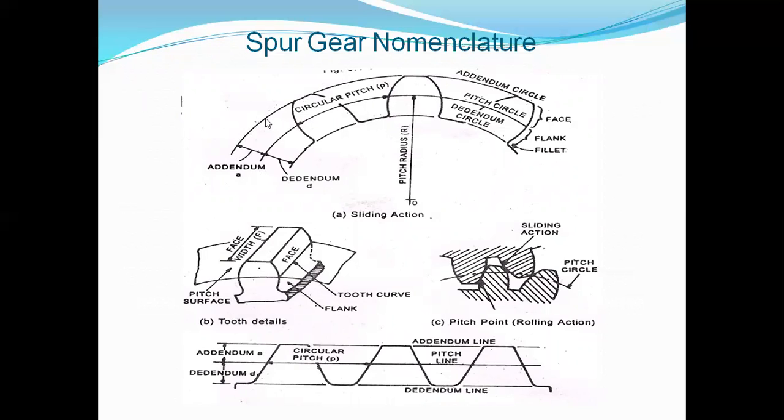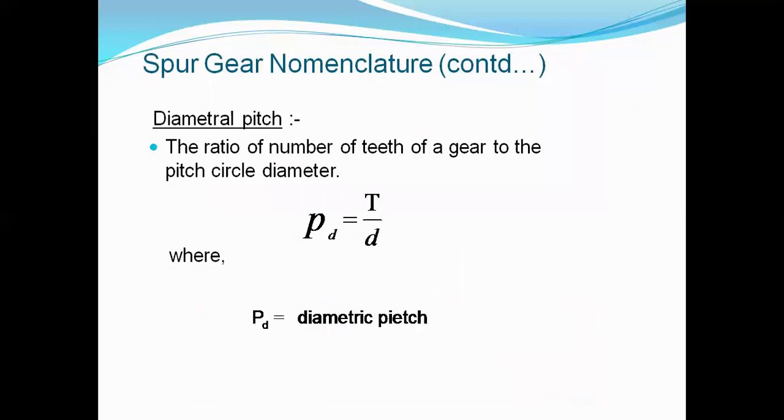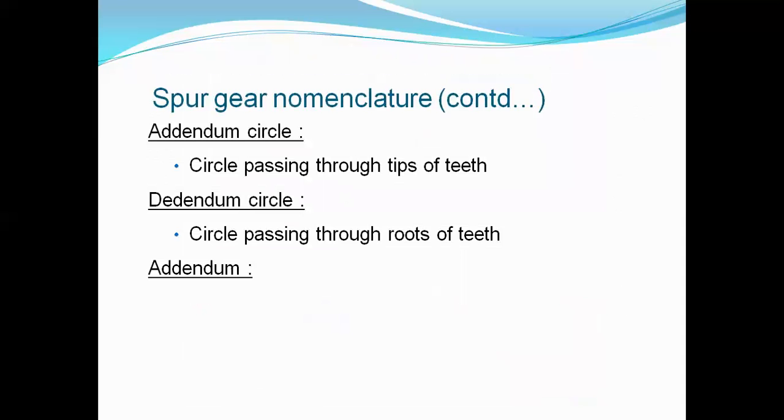The circle passing through the tips of teeth is called the addendum circle, and the circle passing through the roots of teeth, so this is the root, is called the dedendum circle. In between is the pitch circle. So addendum circle is the circle passing through tips of teeth, and dedendum circle is the circle passing through the roots of teeth.